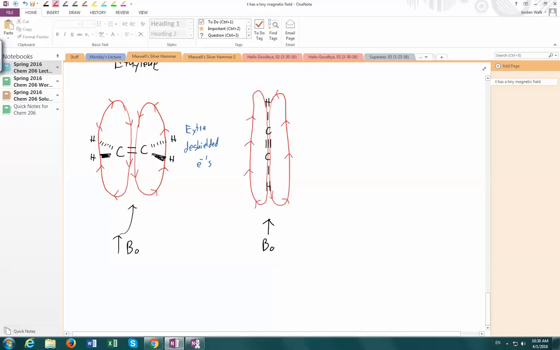And so unlike in ethylene, these pi bond shielding, is that arrow, is this new magnetic field going, at least around the protons, is it going with B naught or against B naught? It's opposing B naught, right? So here we've got an extra magnetic field that is going with B naught, and so we see lots of de-shielding. In this picture, our magnetic field, when it hits the protons, is now opposing B naught, and so what we end up seeing is extra shielding.